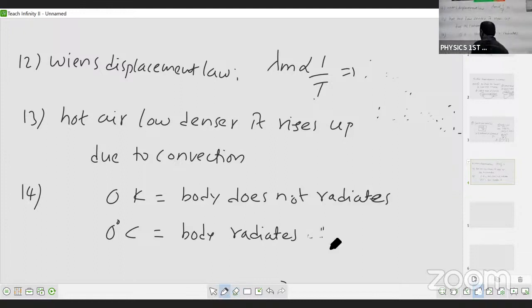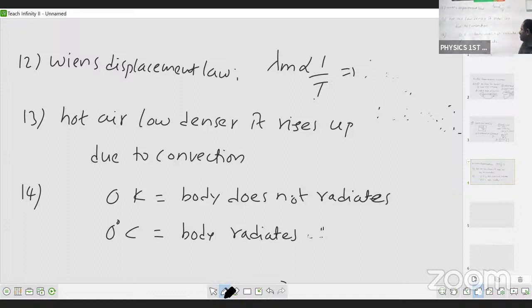Students, now see here. In our daily life, a very common example of a substance at 0 degree Celsius is ice. Ice means exactly 0 degree Celsius. At 0 degree Celsius, the body radiates.